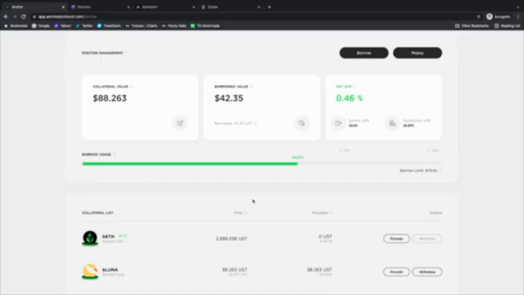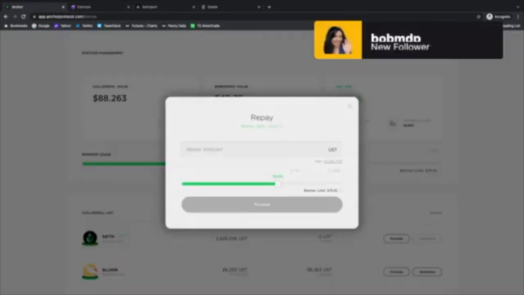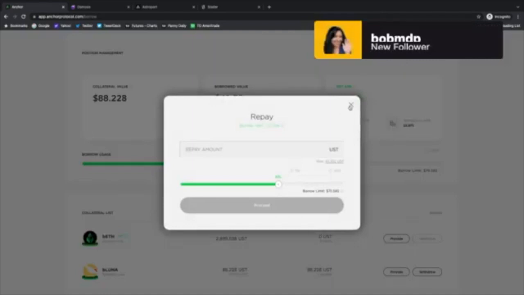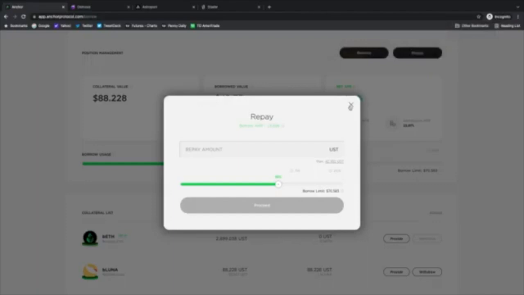I've recently tried a new strategy as well, where I'm dollar cost averaging. Each week I'm borrowing more UST, say 1% of my position, and then buying 100% of that as Luna. But I'm trying to work out what the liquidation price might grow to, because I haven't been able to find a good calculator for the predicted liquidation price.